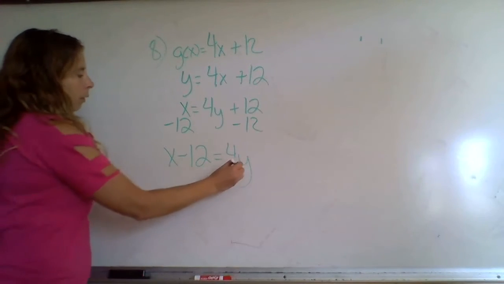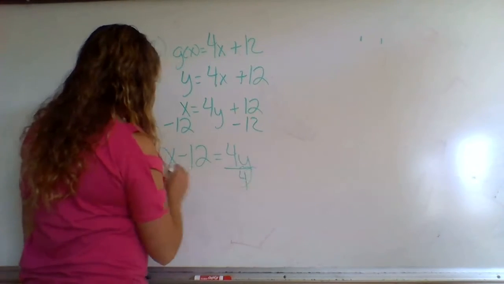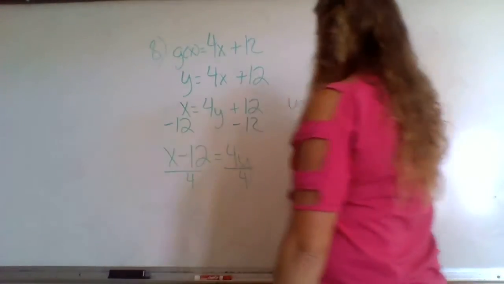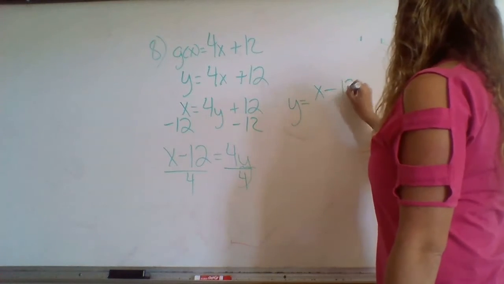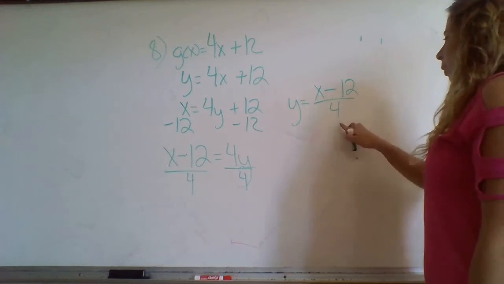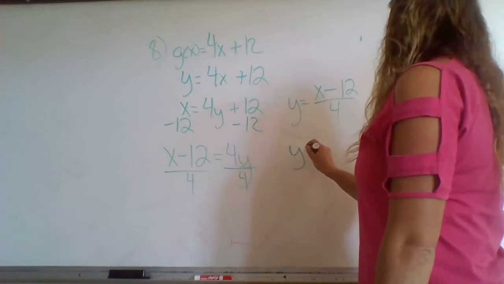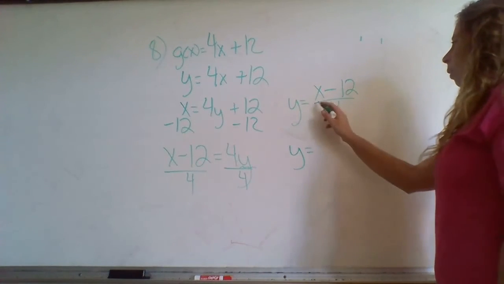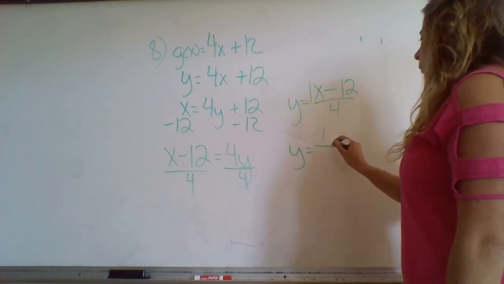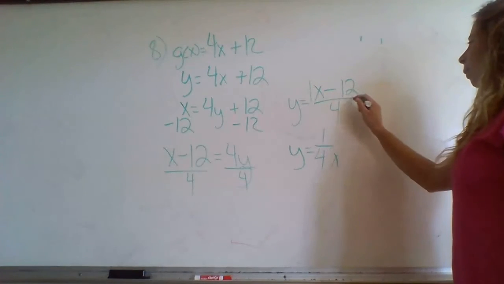I'm solving for y, so I'm going to divide by 4. If you leave it there, not the end of the world, but you could reduce this. So x over 4 is 1/4 x, 1 over 4 times x, and then negative 12 divided by 4 is negative 3.